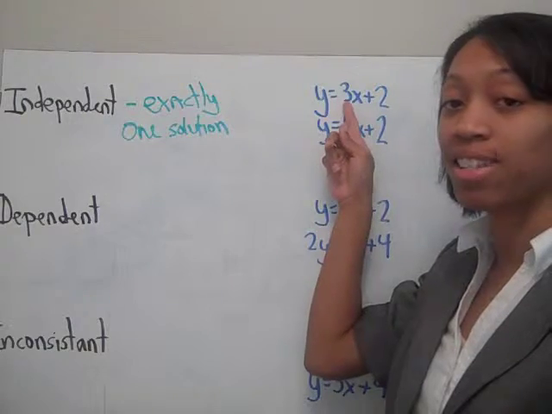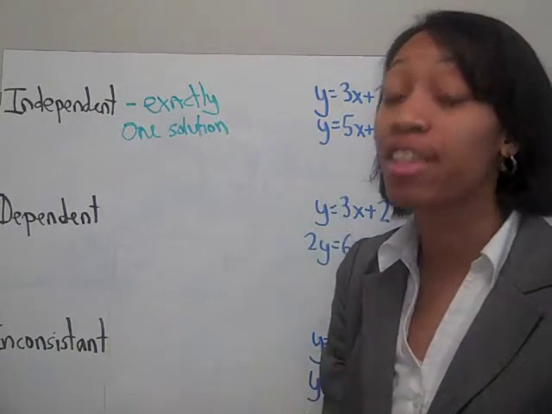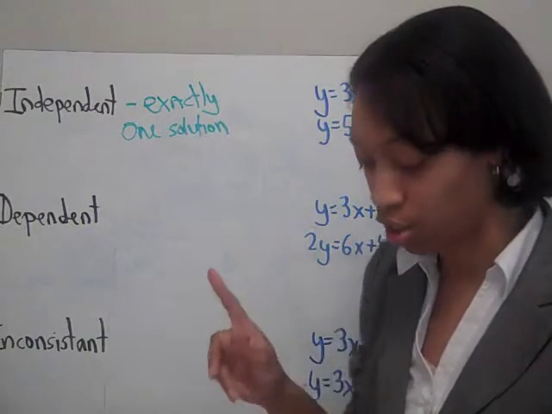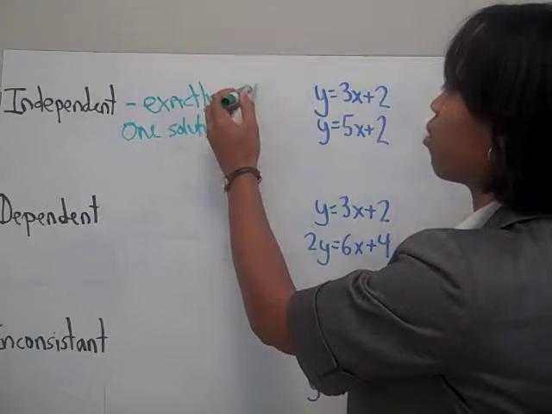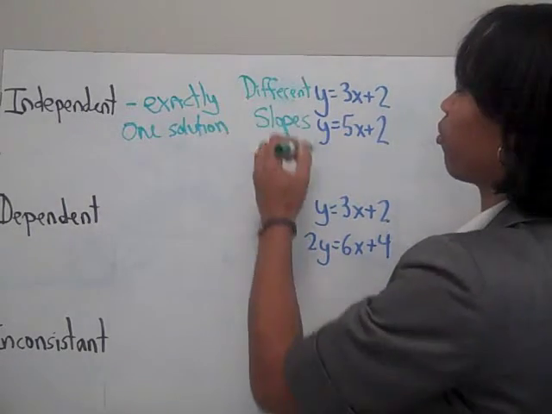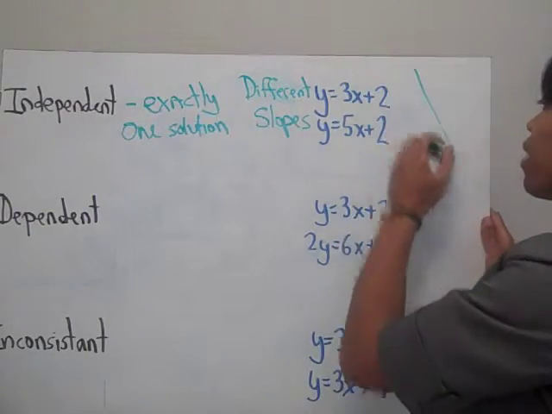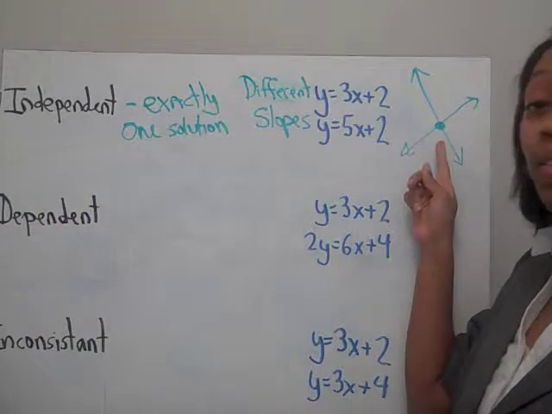Here you can see it has a slope of 3, here it has a slope of 5. If the slopes are different, then there'll be just one solution. So what you have to look for here is different slopes. One solution means that you're going to have two lines that intersect at exactly one point.